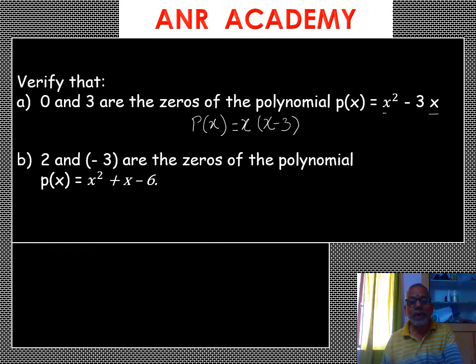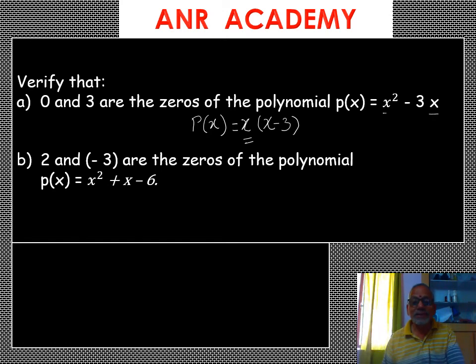Suppose if you take this x as 0, 0 into anything becomes 0. So the product of x into x minus 3 becomes 0. So 0 is a zero of the polynomial p of x is equal to x square minus 3x.